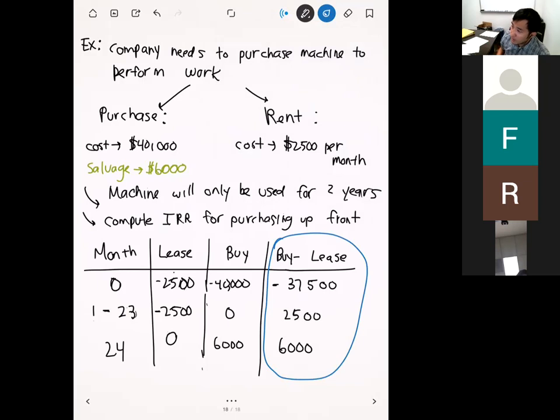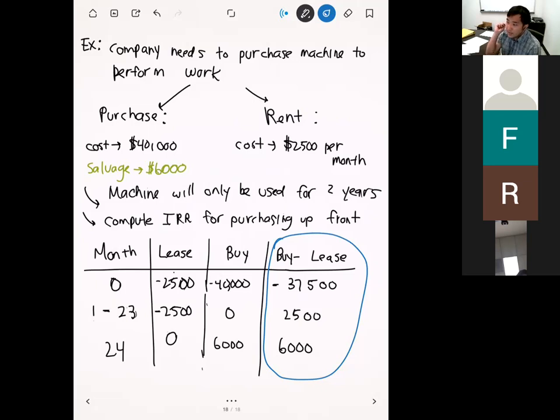And so between the two, we have a difference of an initial cost of $37,500. Okay. And then if we choose to buy, then each month after that, from months 1 through 23, we save $2,500 in the rental costs each month, right? And so that's a positive $2,500. That's going to be a uniform series, okay?